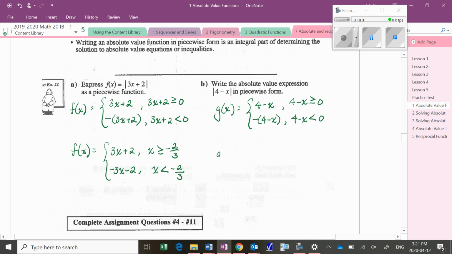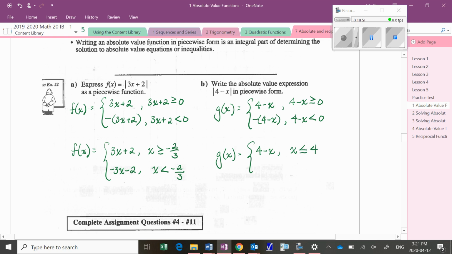So again, clean that up, and so then we've got 4 minus x when, isolating x in this case, we could just simply add x to both sides, so 4 is greater than or equal to x, which means that x is less than or equal to 4.